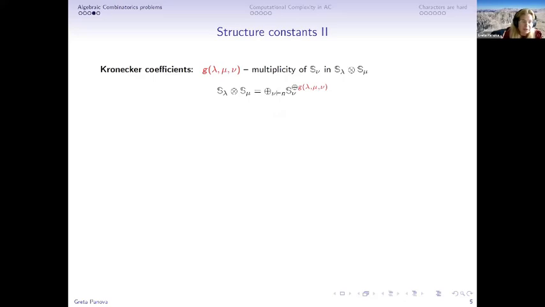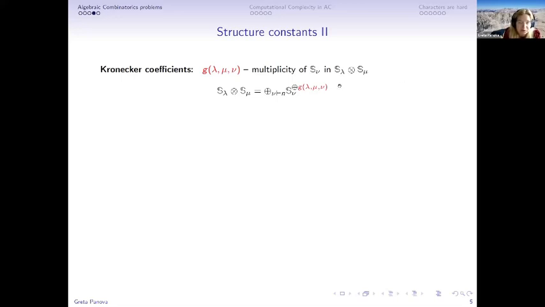So what's the other thing we can do? So this was for GLn. We can take the symmetric group, take two irreducible Specht modules, and decompose their tensor product into irreducible representations of Sn, so it's acting diagonally on this tensor product, and then we have some other multiplicities.